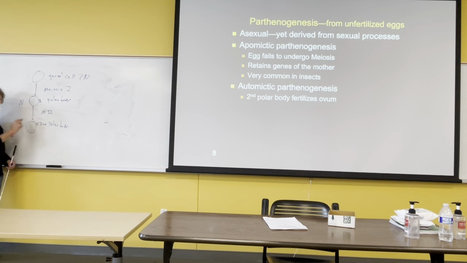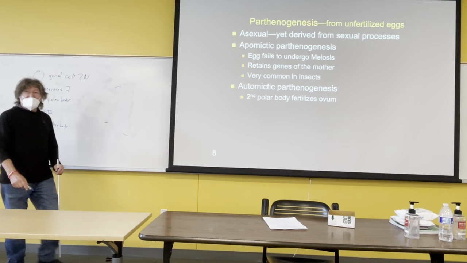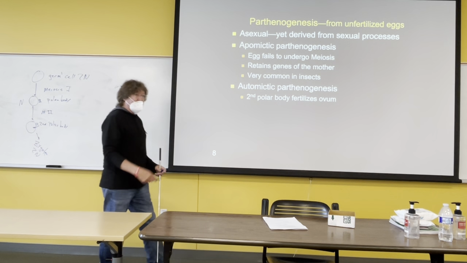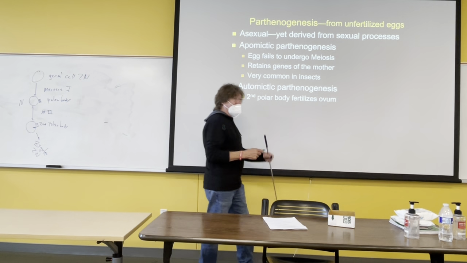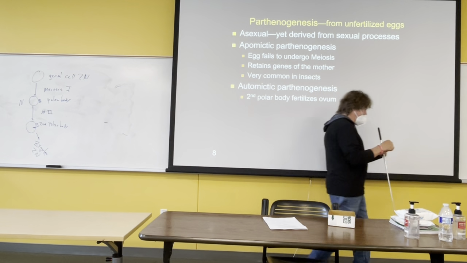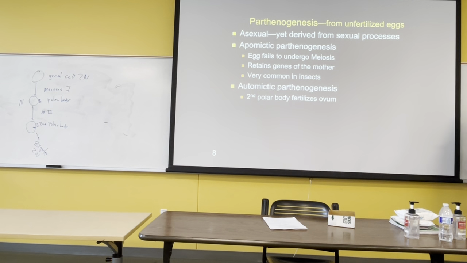This still has a set of chromosomes, and these then fuse together to produce the zygote. So it's not fertilized by sperm. The chromosomes come from the same individual, from the mother. All these are different forms of parthenogenesis. So they lay a diploid egg? They lay a diploid egg, yes.